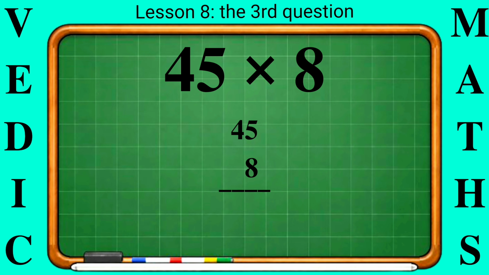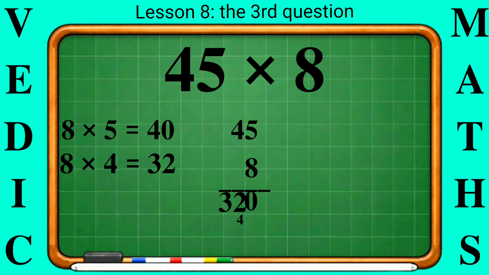So now let's do 45 times 8. We first multiply 8 times 5, which will be equal to 40. Let's keep the 0 on the side and keep the 4 as the carry. Now we multiply 8 by the number 4, which gives us 32.